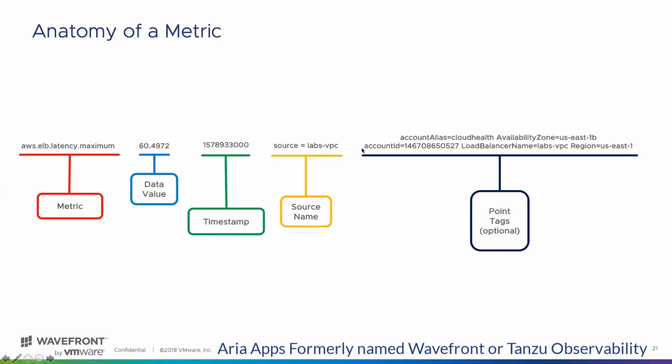This is where you generally get into cardinality then. You can have optional key value pairs that give additional metadata on the time series. You don't have to send these, but I would say on most data that most customers are sending, they generally have some point tags.